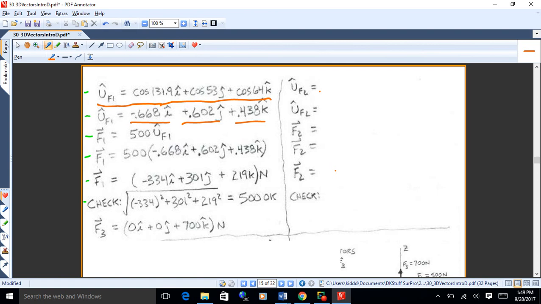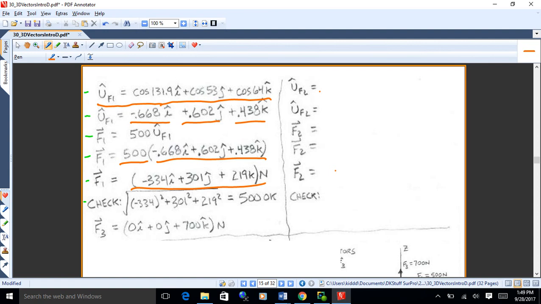Okay. Now I know that F1 has a magnitude of 500, and I know this unit vector has a magnitude of 1. So if I take the unit vector and I scale it up by 500, I'll get the force vector. Okay. So negative 334i plus 301j plus 219k. And that has units of newtons.